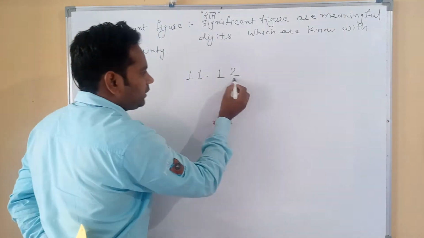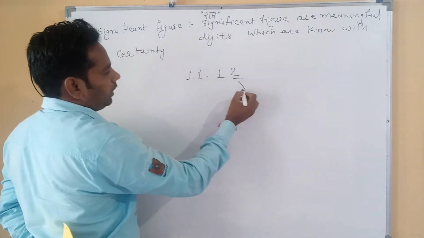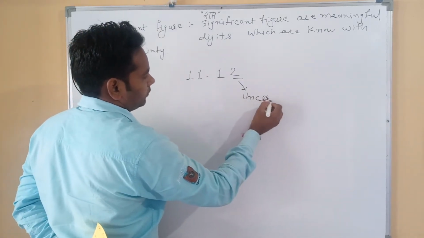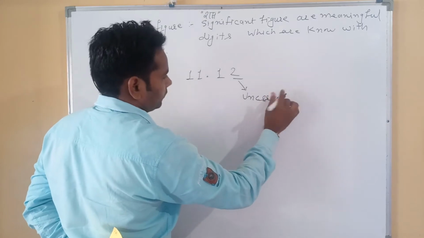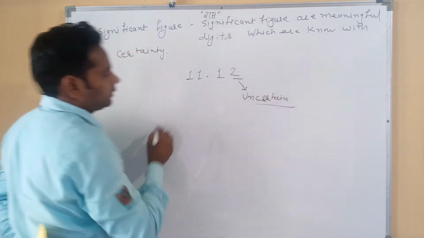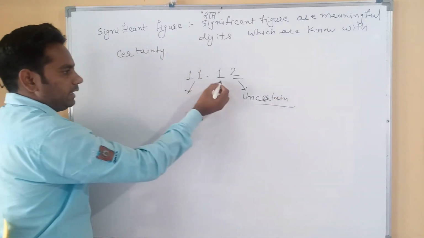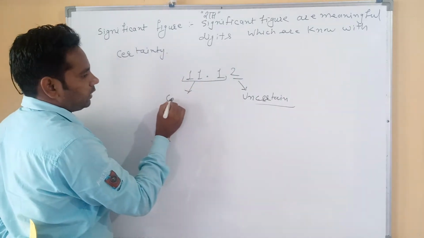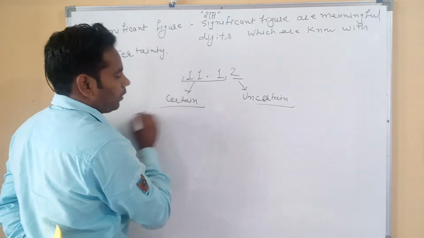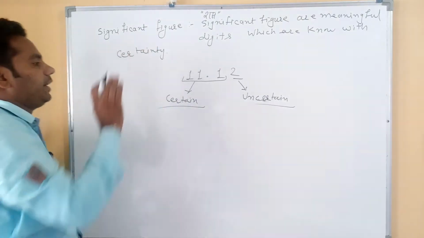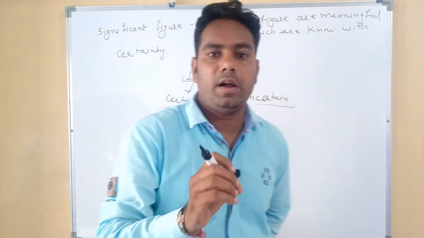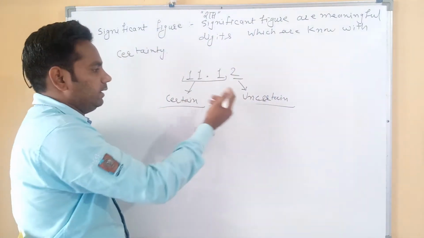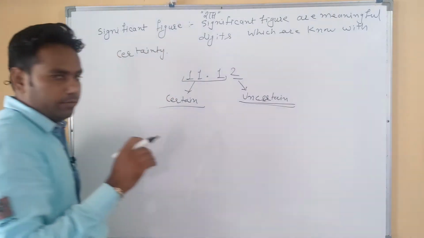So the last value is always called the uncertain value, and the remaining values are called certain values. Okay, clear? Every significant figure has two types of value: one is certain value and second is uncertain value.